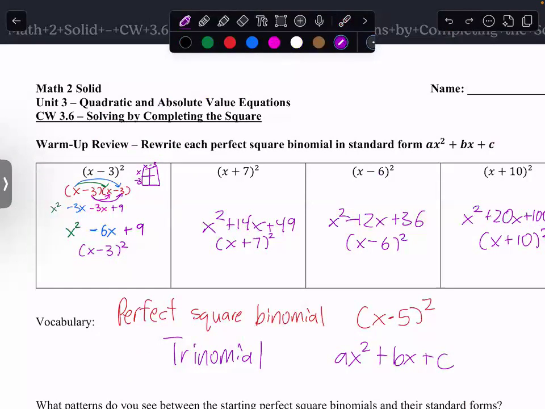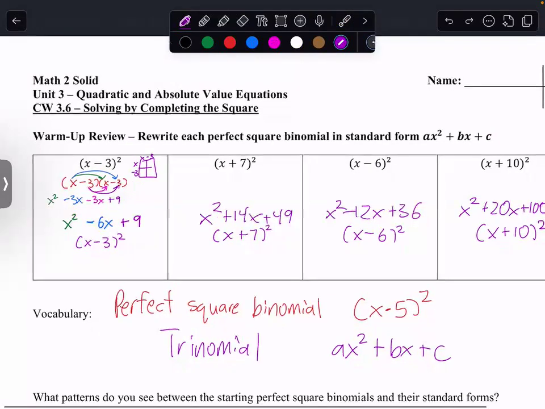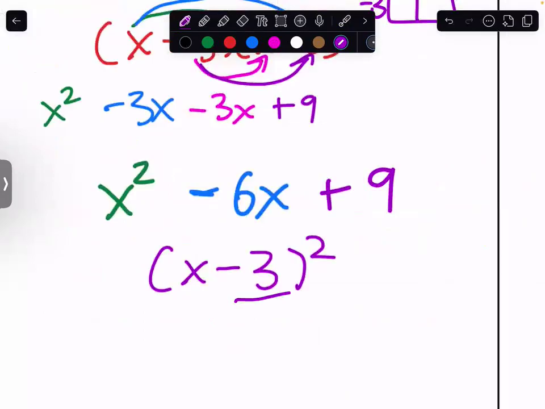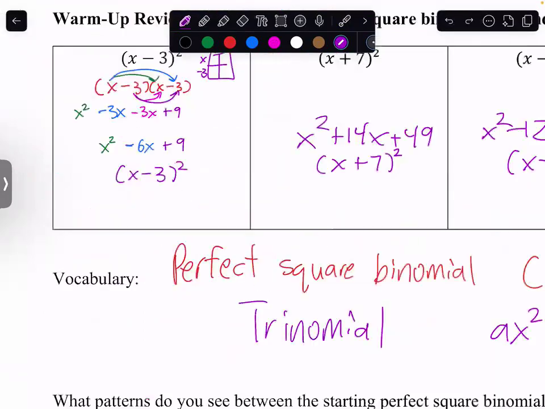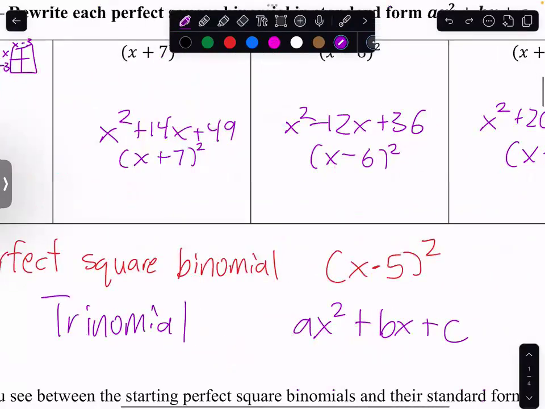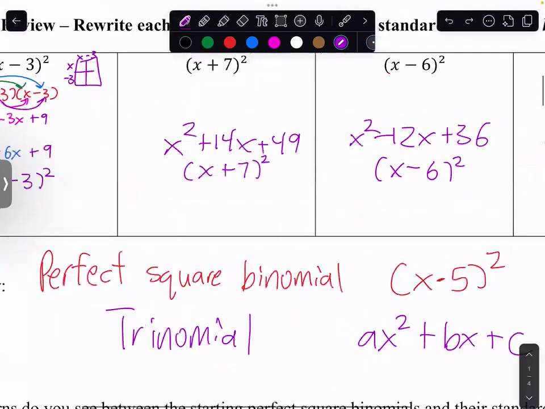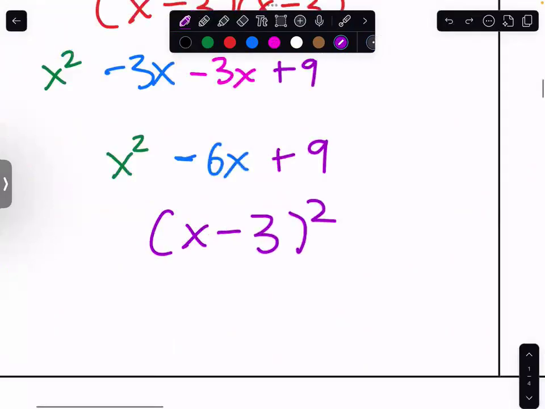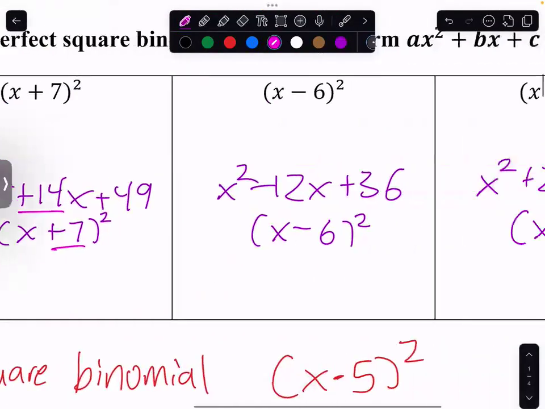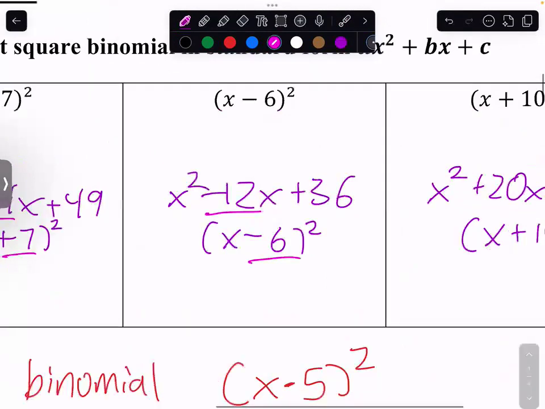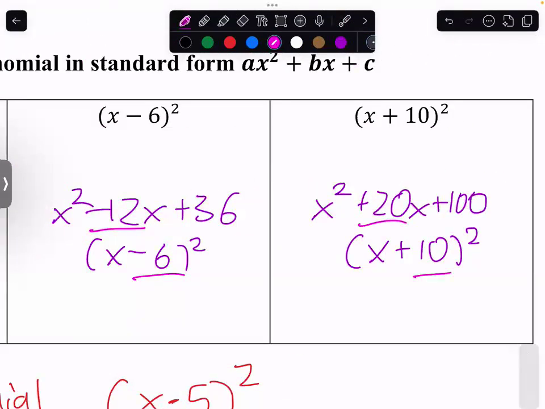Yes, Ben? The number in the parentheses. Okay, so Finn said that the b value, which is the number in front of the regular x, that's always double the number in the parentheses. Okay, so -6 is double -3, 14 is double 7, -12 is double -6, and 20 is double 10.